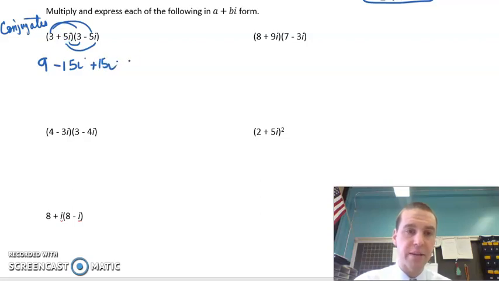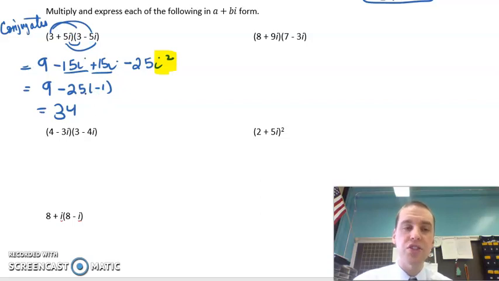And 5i times negative 5i is negative 25i squared. You will notice that our terms in the middle, because they're conjugates, cancel out. So I'm left with 9 minus 25 times negative 1. Notice that this, again, is the i squared portion. It becomes negative 1. A negative and a negative create a positive. I'm left with 34.